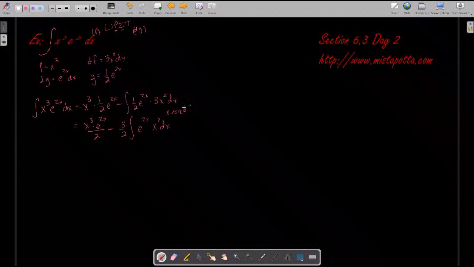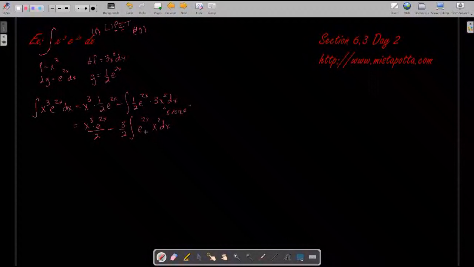but it's easier only because the degree of my polynomial has decreased one notch. And that's something that I'll notice when I'm doing integration by parts problems: every time I do integration by parts, where it's a polynomial times a trig function or a polynomial times an exponential function, I'll see my degree go down a notch every time I take the antiderivative.